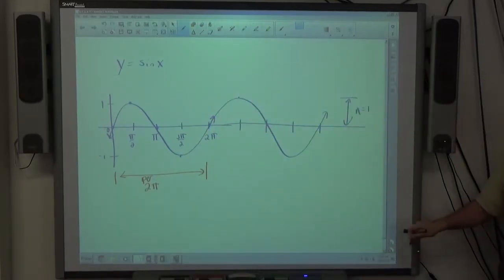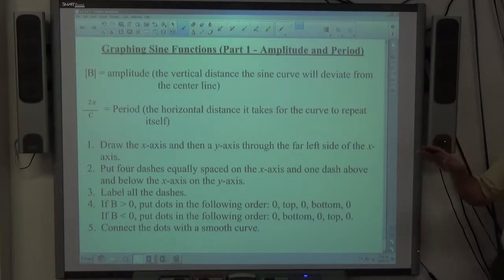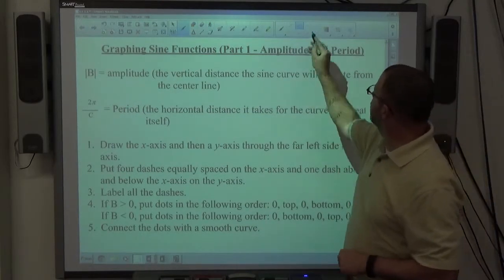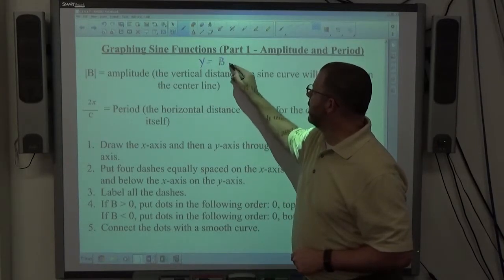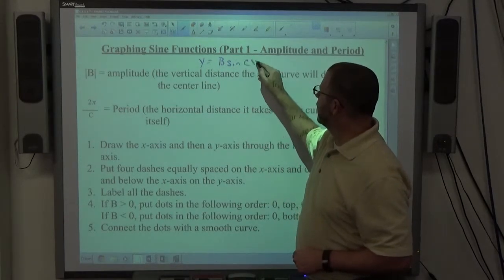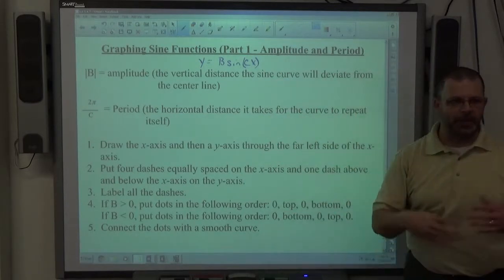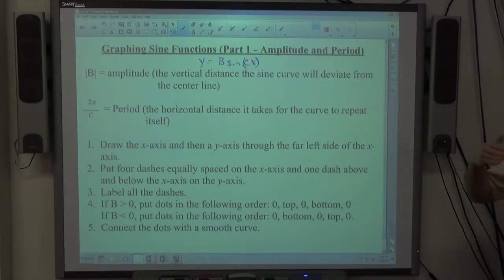So we go back here and we see amplitude and period involve these letters B and C, which I haven't discussed yet. If we imagine y is equal to b sine of cx, that's the structure we're going to be looking at today. In lesson 5.7, I think, they throw in an A and a D also.